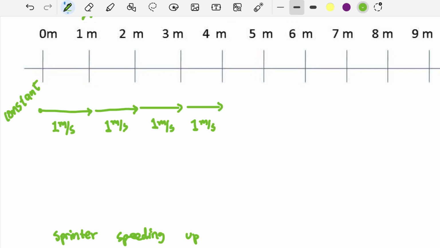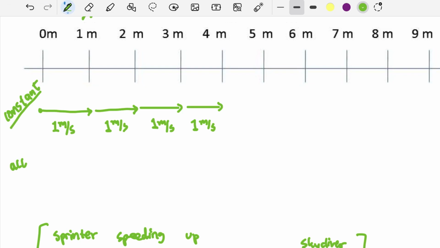You might have seen a skydiver falling from the sky and accelerating down towards the ground before they open their parachute. So lots of motion in real life actually involves accelerated motion. Try and come up with an example on your own here. What's another example of motion that's not constant, but the motion's changing?